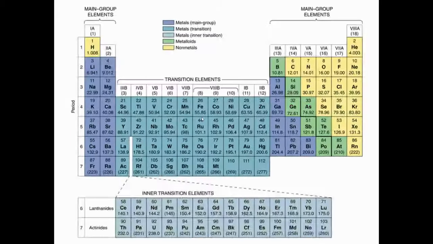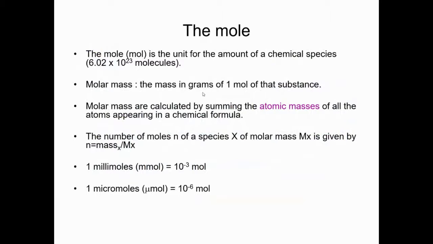For example, if you have sodium chloride, sodium is 23 and chloride is 35, so the molar mass is 23 plus 35, which is 58.